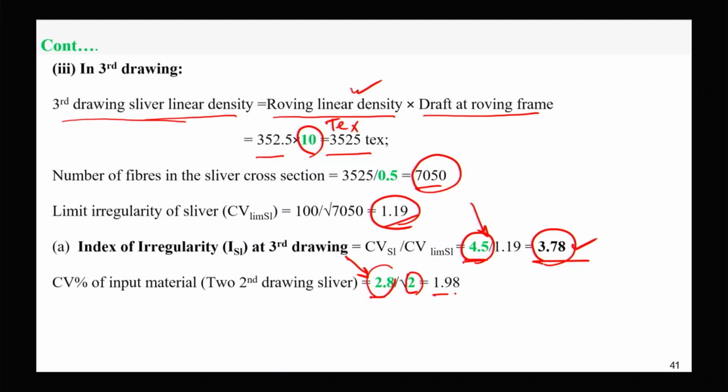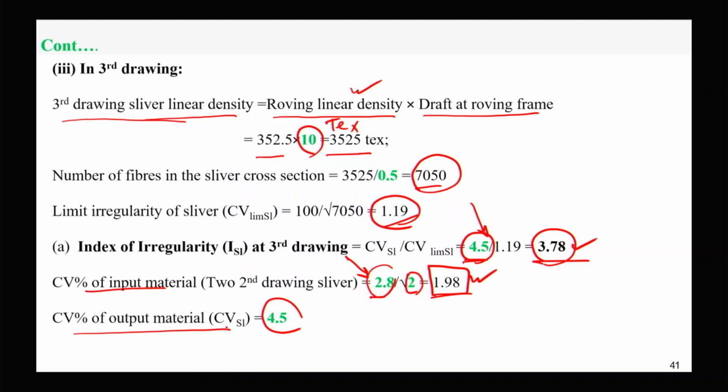So for the input material, the CV percent is 1.98, and the CV percent of the output material, that is the sliver, is given in table 4.5.